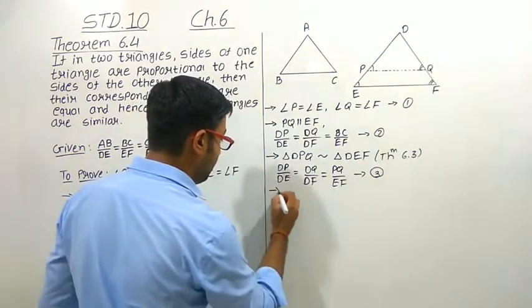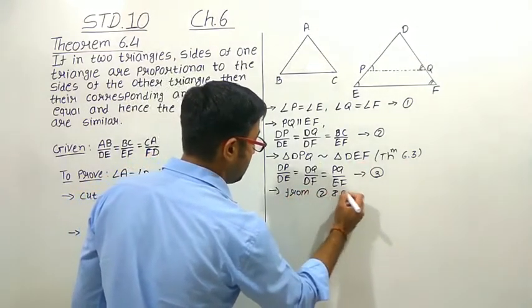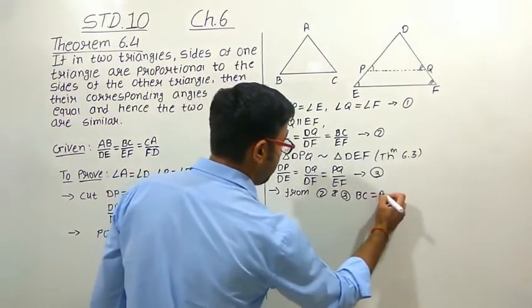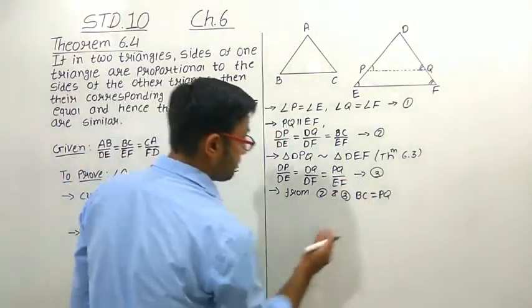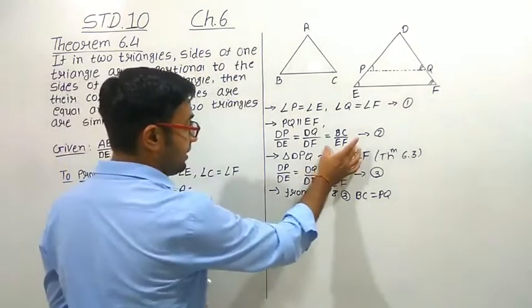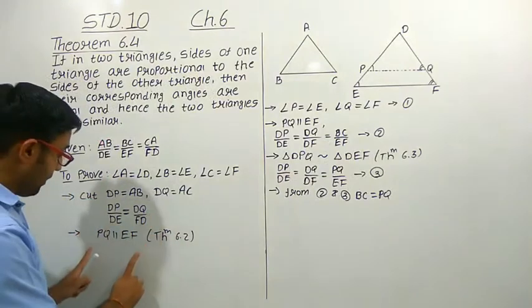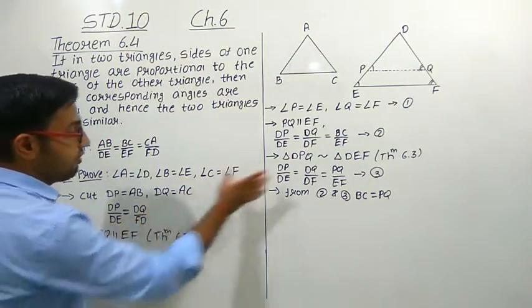So here we can write down, from 2 and 3, BC will become equal to PQ. Right? This is only possible if BC and PQ are equal. From where do we get this? We get this when we prove that PQ and EF are parallel, then these two conditions we write down.